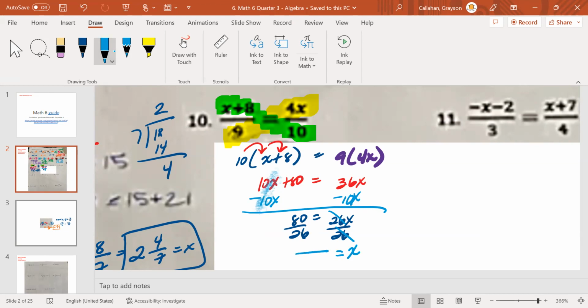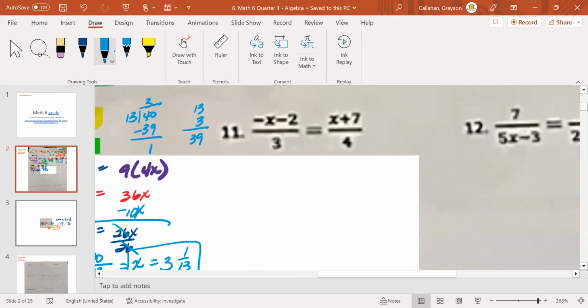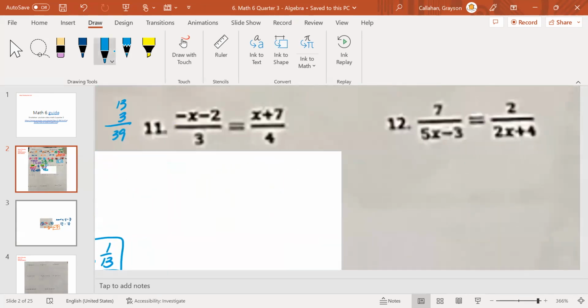So you could divide it by 2. Half of 80 is 40. Half of 26 is 13. That's an improper fraction. 13 times 3 is 39, which gives you a remainder of 1. So x is 3 and 1/13. That's your answer. I want you to try number 11 on your own.